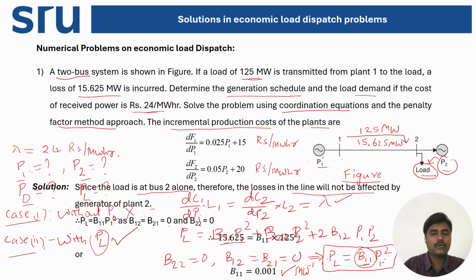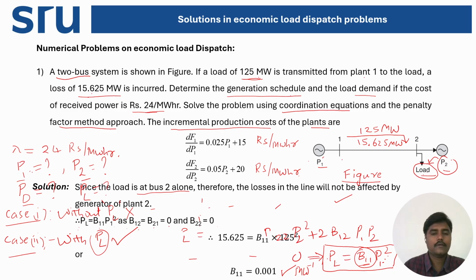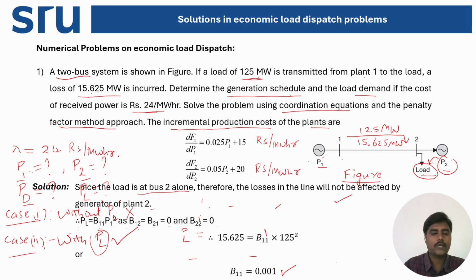Let me erase all the formulas here so that you can see the solution in detail. You can see here the B11 value we got is around 0.001 megawatt inverse.